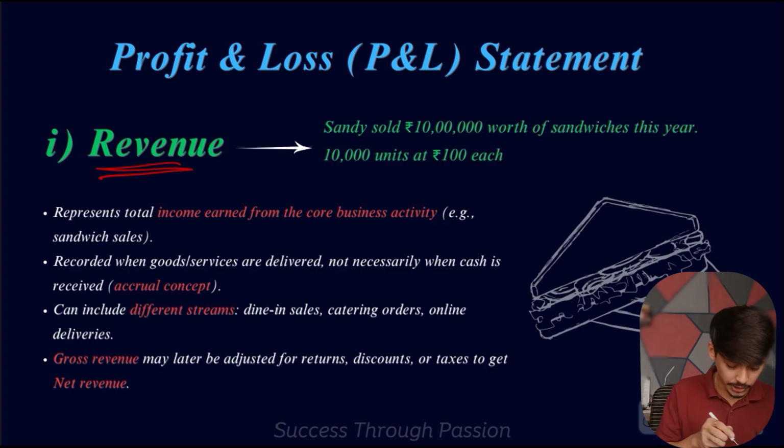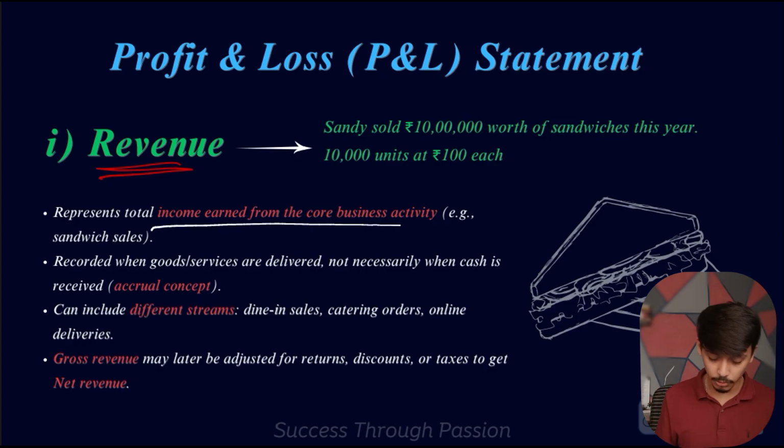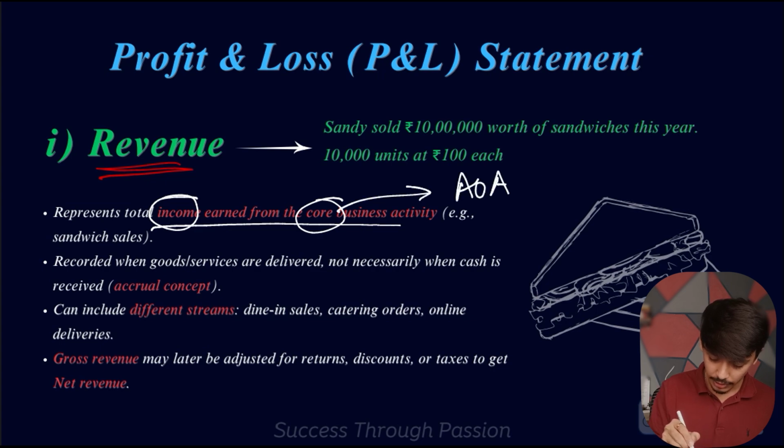The first point about revenue: it represents total income earned from the core business activity. An example here is sandwich sales, as the company we have taken is a startup outlet selling sandwiches to people. As we read through it, we can easily understand that it represents total income that we have earned from the core business activity. Every business has a core business activity and it is mentioned in the AOA and MOA of the business.